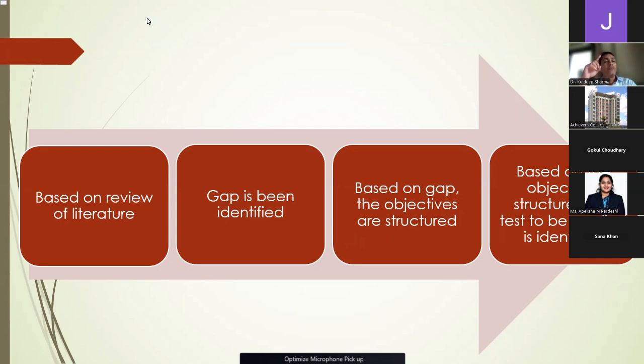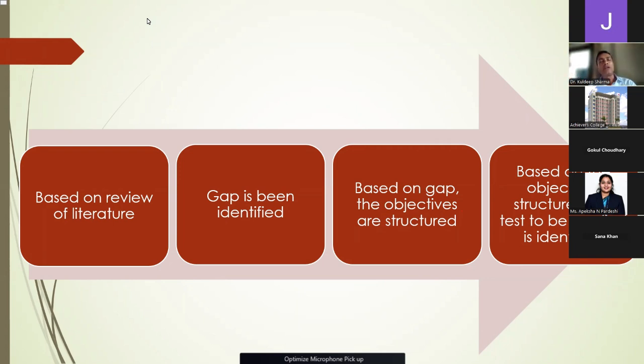Remember one thing: whenever I talk about there being no significant difference, I am going to use a test of difference. There are three types of test: test of difference, test of relationship, and test of prediction. When I talk about test of difference, we have parametric and non-parametric.